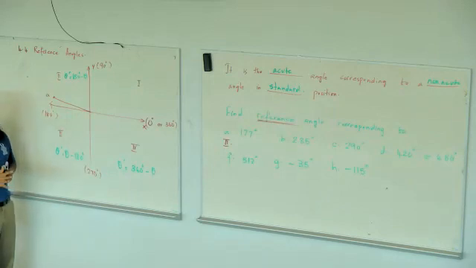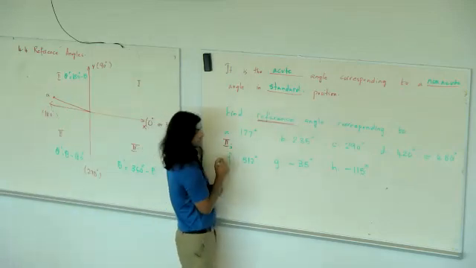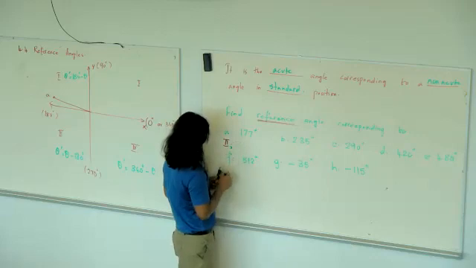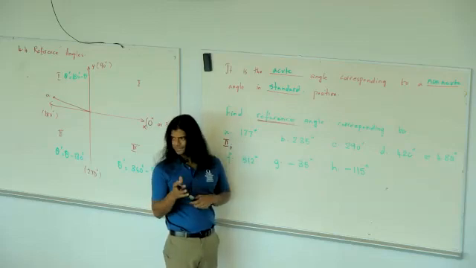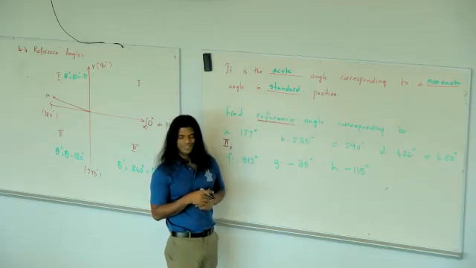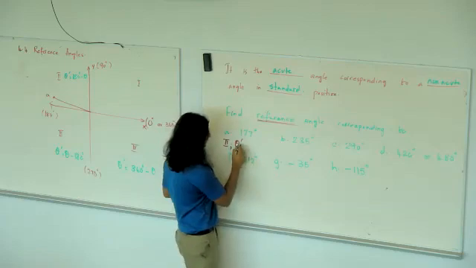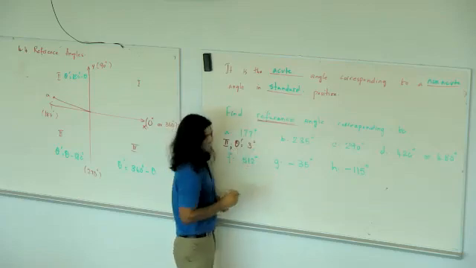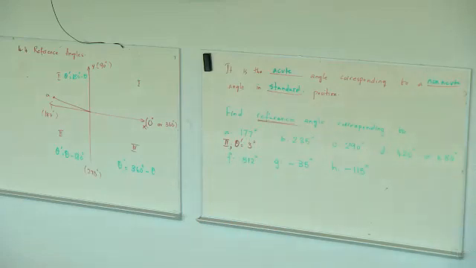Theta is 177, so theta prime... Oh, I did it backwards. I was going from 90 to the angle of 180. So theta prime is 3 degrees.